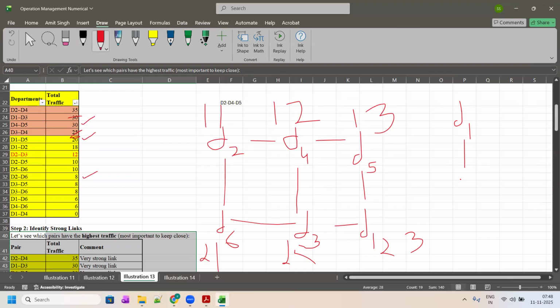I can write here D1, then D2. This can be one layout. Then D3, and then I can write here D4, then D5, and then D6. So if I start doing it this way, it becomes very difficult. I hope you are getting it.